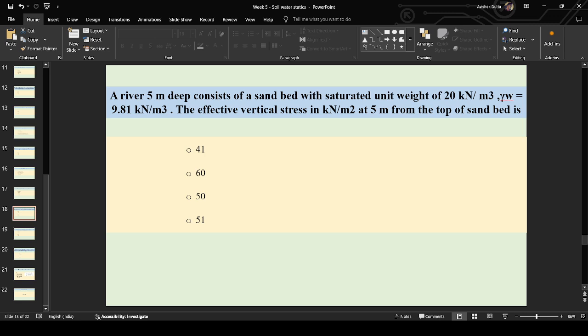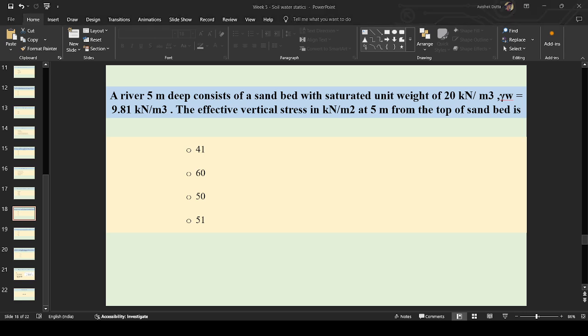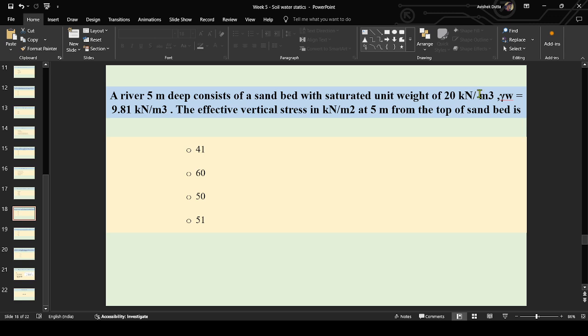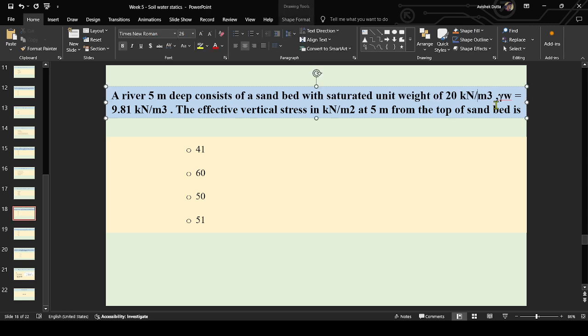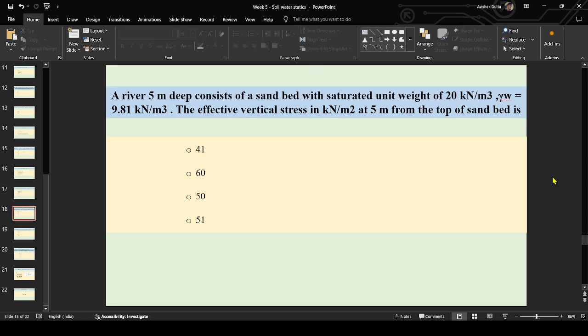A river 5 meter deep consists of a sand bed with saturated unit weight of 20 kilonewton per meter cube. Here gamma W has been given, it is 9.81 kilonewton per meter cube.